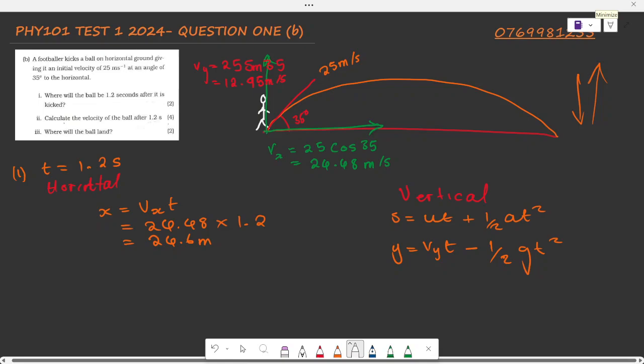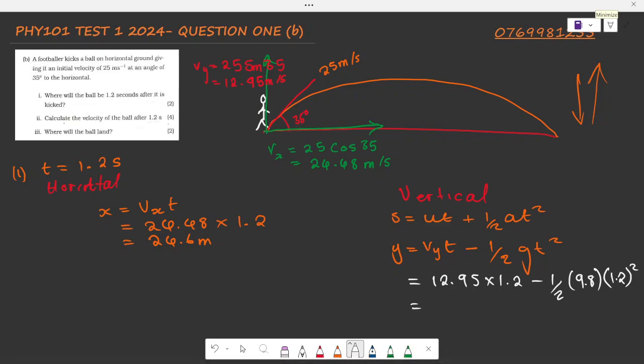Replacing the values we already have into this equation, our Vy is 12.95 times the time, which is 1.2, minus 1 over 2, our g is 9.8, and the time again is 1.2 seconds, squared.